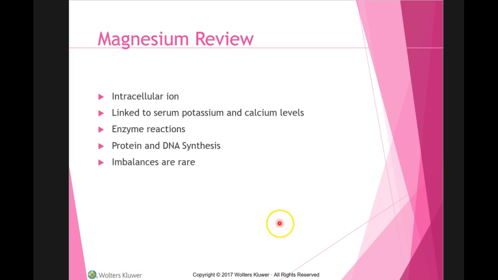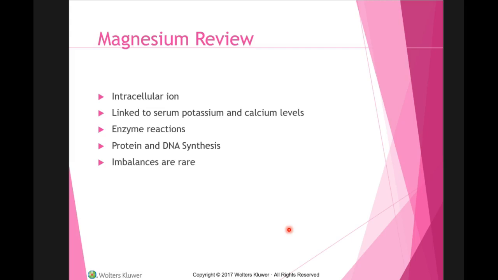And the thing is that magnesium imbalances are very rare. Most of the time that you'll see these, it's as a result of a potassium issue, or in the clinical setting when someone is on some type of magnesium therapy, either for bronchial spasms or in the OB setting for pregnancy-induced hypertension.